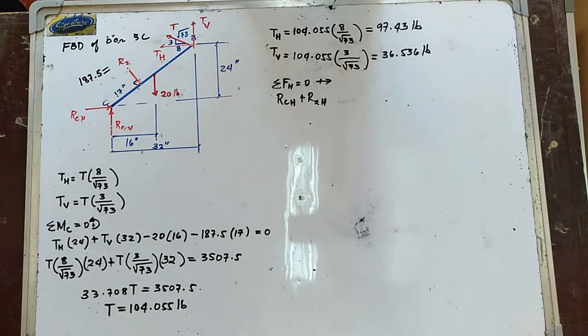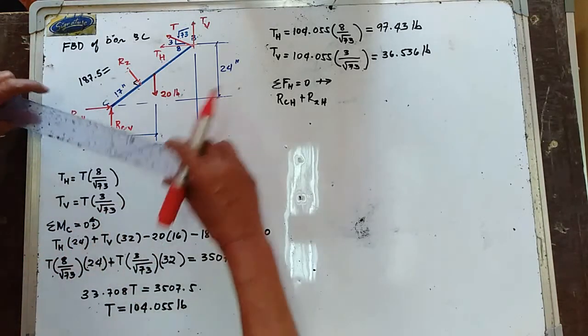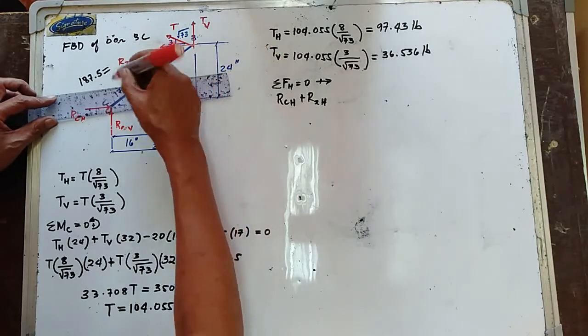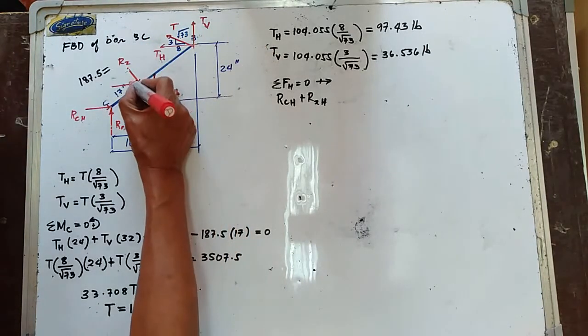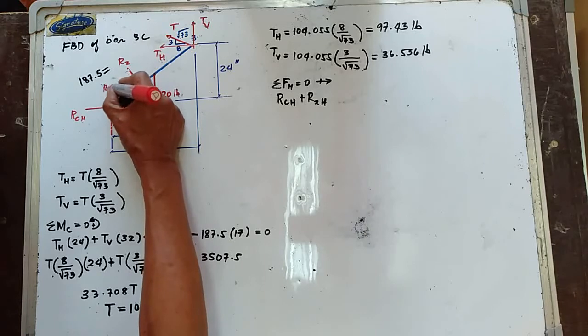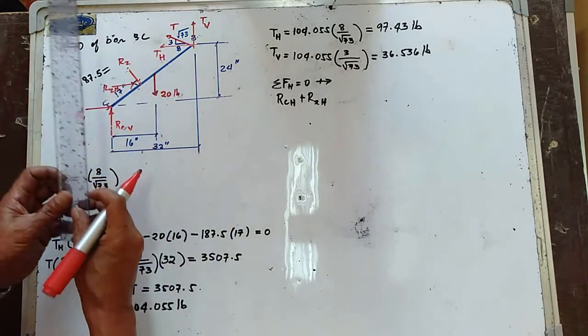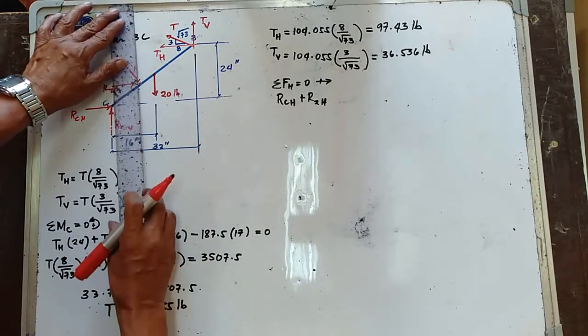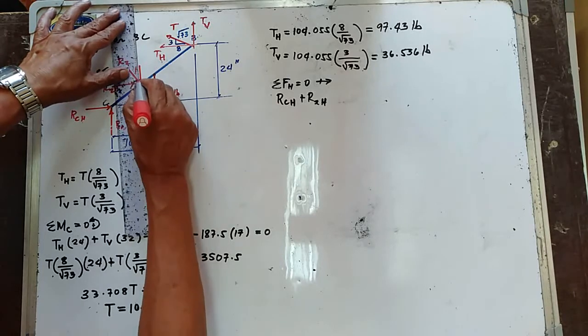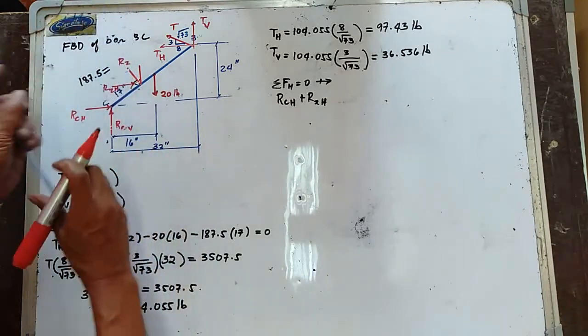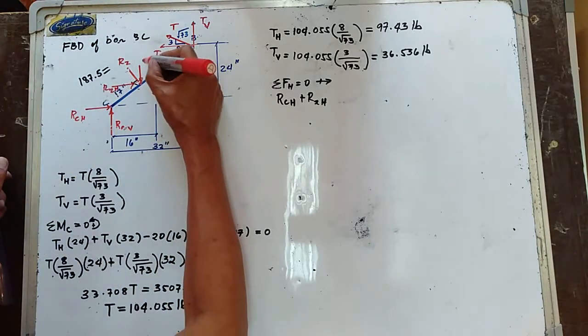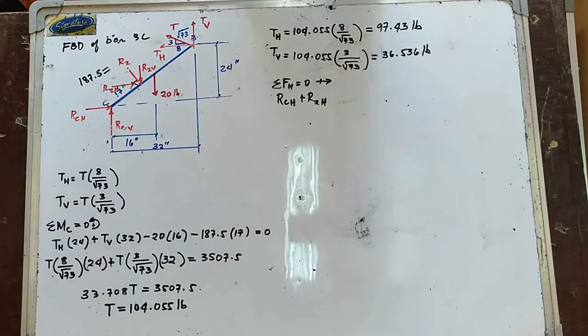Here are the components of R2: this is R2 horizontal, and this is now your R2 vertical.